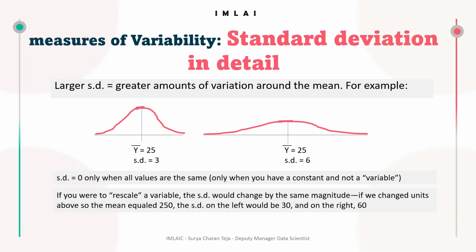I want to repeat one point one more time: a smaller standard deviation, which you see on the screen's left side and is 3, indicates that the data points are closely packed around the mean. That's what you can see in the image also. A larger standard deviation indicates that the data points are spread out.